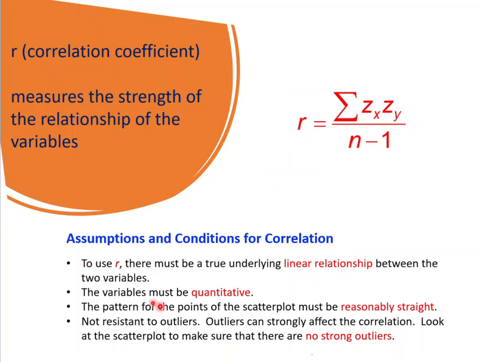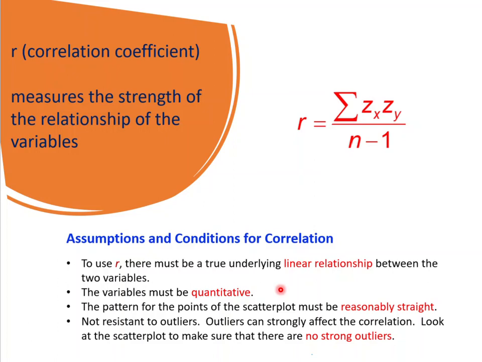So before we move on, we want to make sure that in order to use the correlation coefficient, we have a couple of assumptions that must be true. First of all, we want to make sure that our scatter plot is showing us a linear relationship between these two variables, and the two variables must be quantitative. So both variables, the one off of the x-axis and the one off of the y-axis, need to be quantitative.